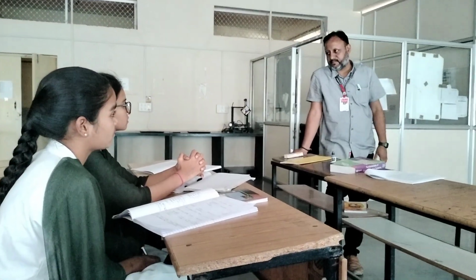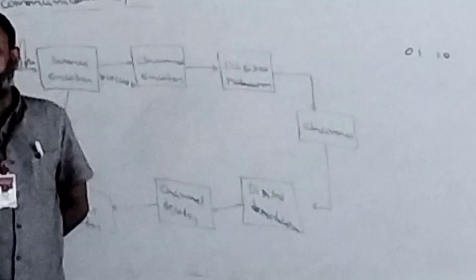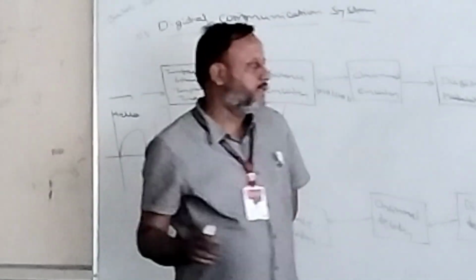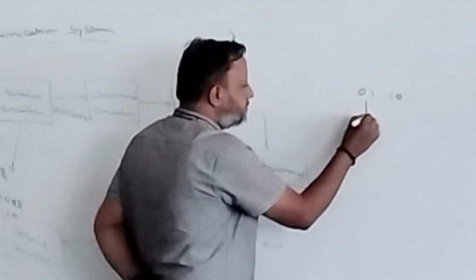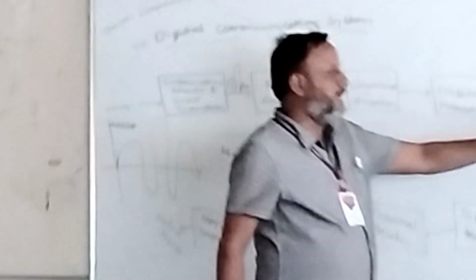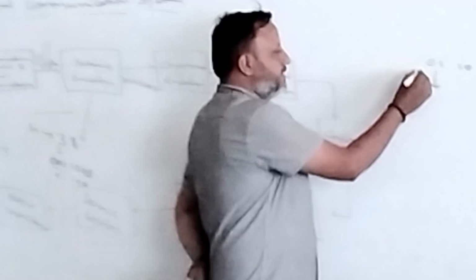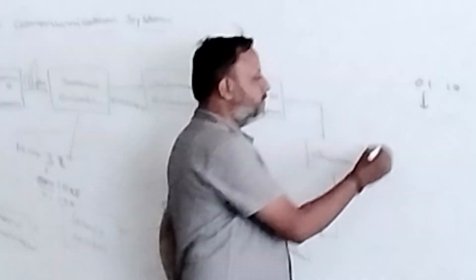So that if any noise is introduced, it can detect and eliminate it. For example, we got only 4 bits, 0 1 and 1 0. But what does this channel encoder do? Now it adds extra bits.